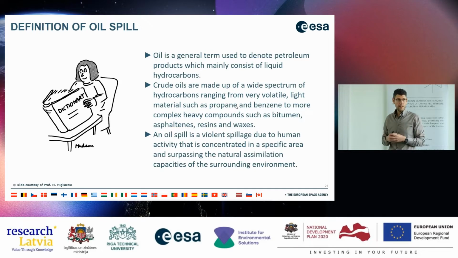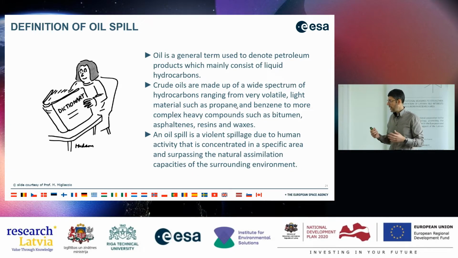Human activity can be anything. It can be a platform accident, a tanker that is sinking, or some routine operations done by the oil tankers. I don't have to tell you, but these are a very strong threat for the environment.